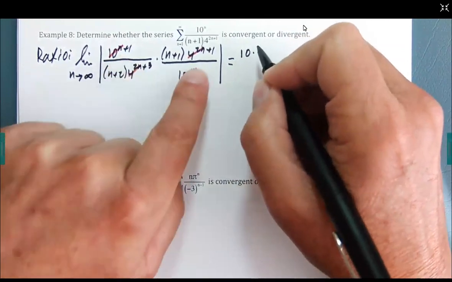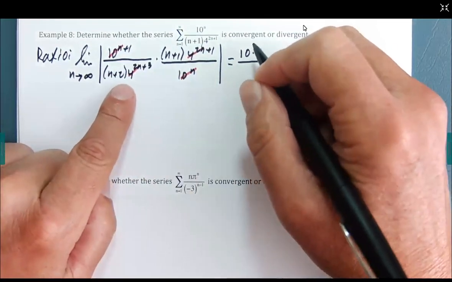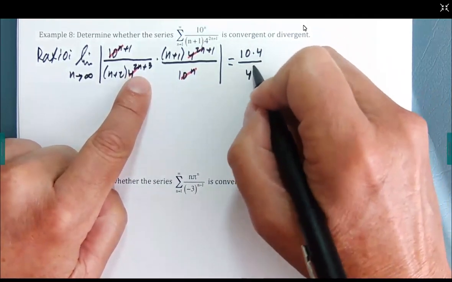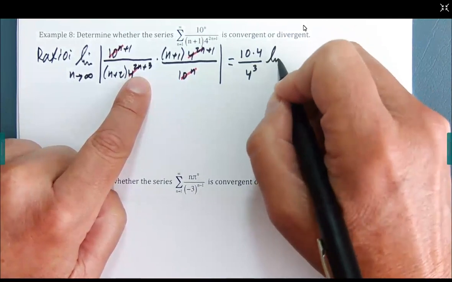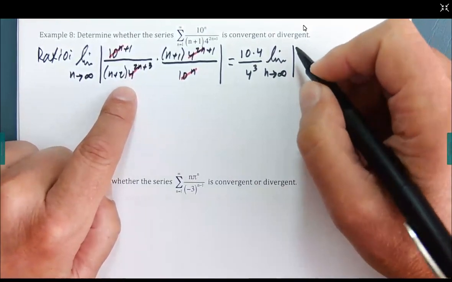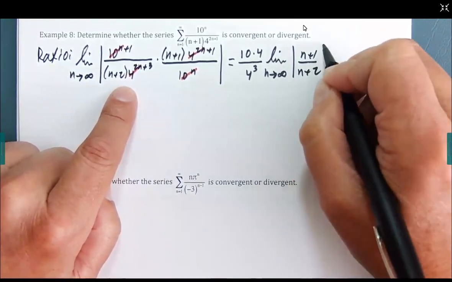In the bottom, I'm going to have a 4 to the third power. And I'm going to be left with n plus 1 over n plus 2.